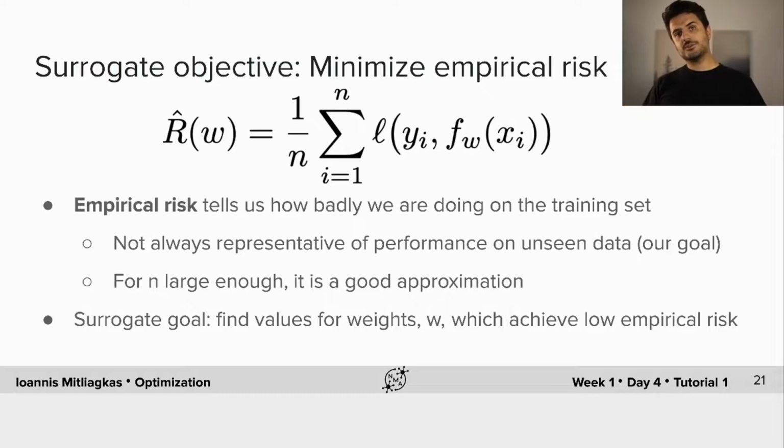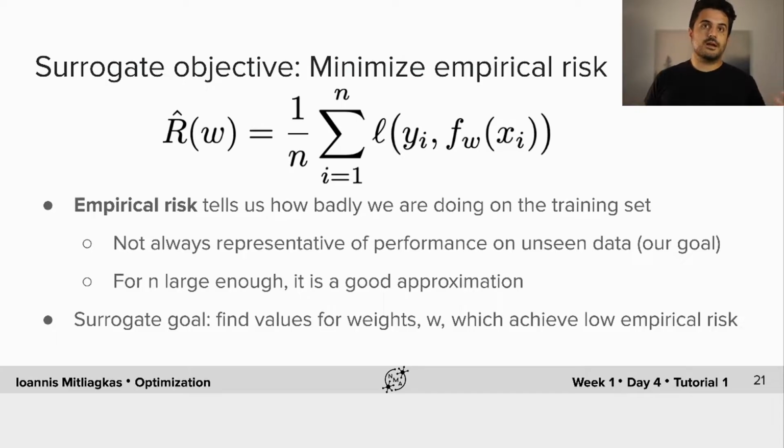And it's unfortunately not always 100% representative of our performance on unseen data, the actual risk, which is our goal. However, when n, the size of the training set, is large enough, it is a pretty good approximation. It's sufficiently good, and that's what we use in practice. So this becomes our surrogate goal.